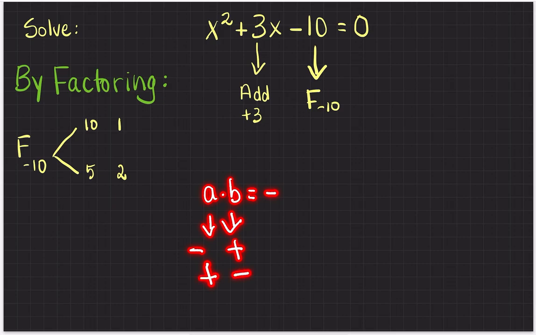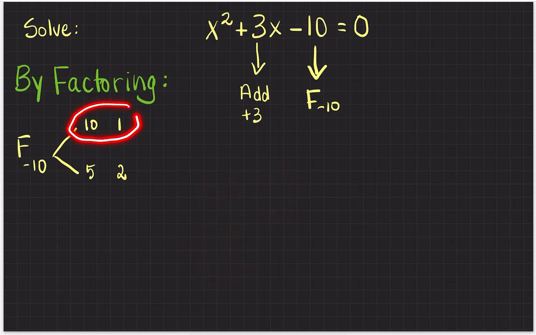That's the only way you will get a negative answer. So in these pairs, one of my numbers is negative and the other one is positive, because I have a -10 here. Having that in mind, which pair will work if when I add them, I should get +3?